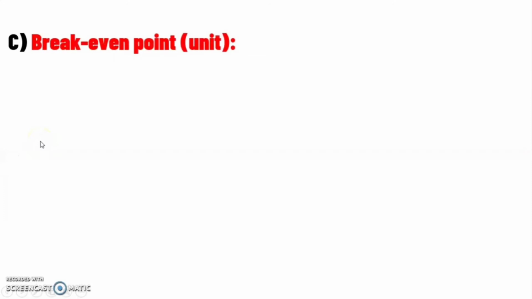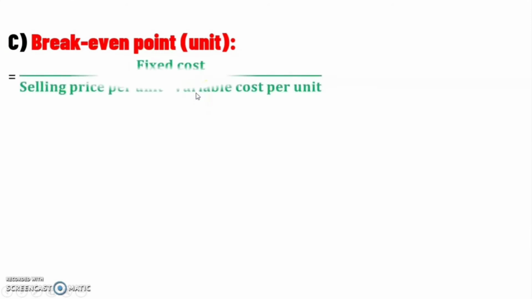Solution to question number C. This is the part of the mathematical problem. Break-even point in unit: this is the formula of break-even point. Fixed cost divided by selling price per unit minus variable cost per unit.